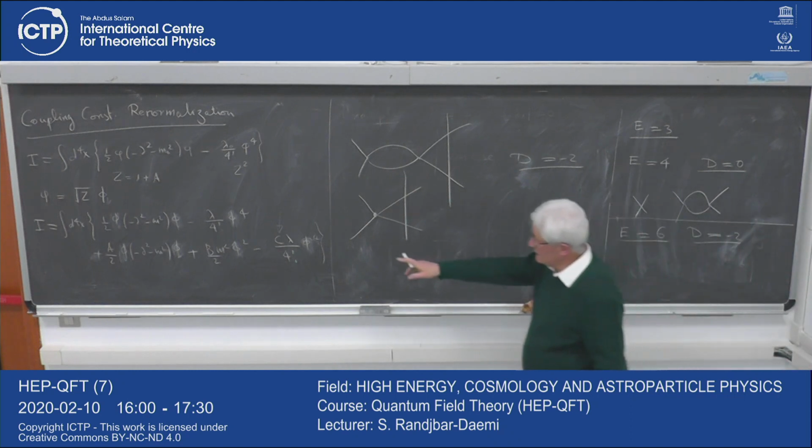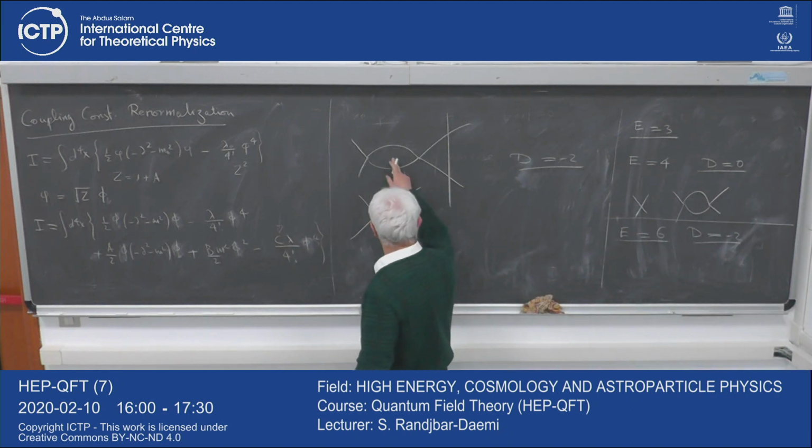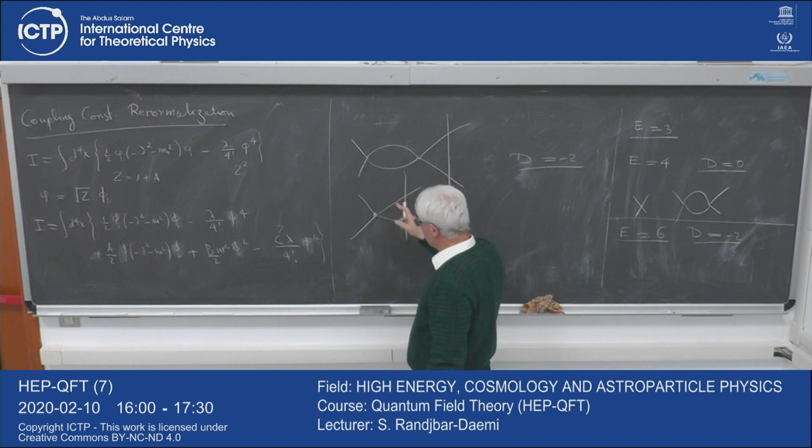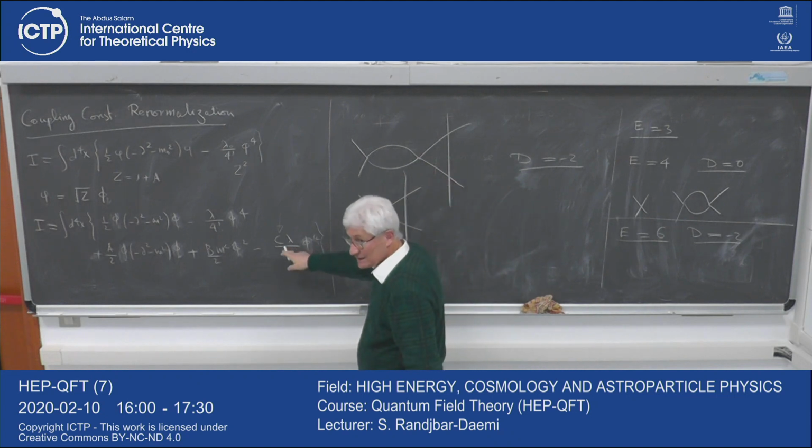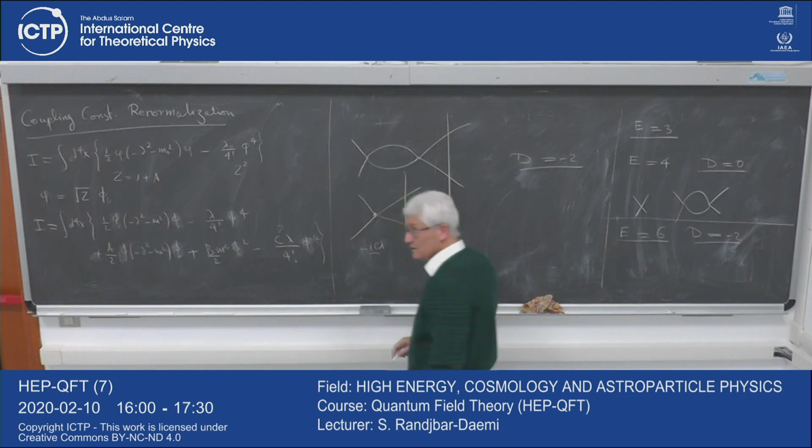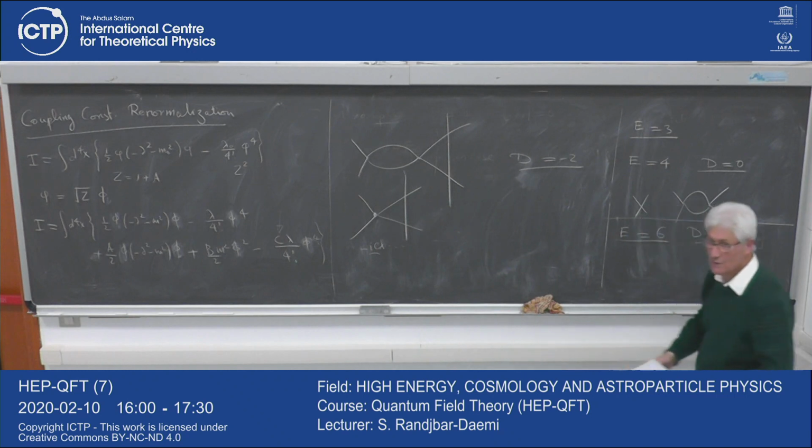If you fix the C at the one loop level, this is a two loop graph, right? And put that value that you have already determined at the one loop level here and take the sum of the two. Means take this graph plus minus iC times lambda, this vertex is minus iC times lambda, plus the rest of the graph, and the sum will be finite.